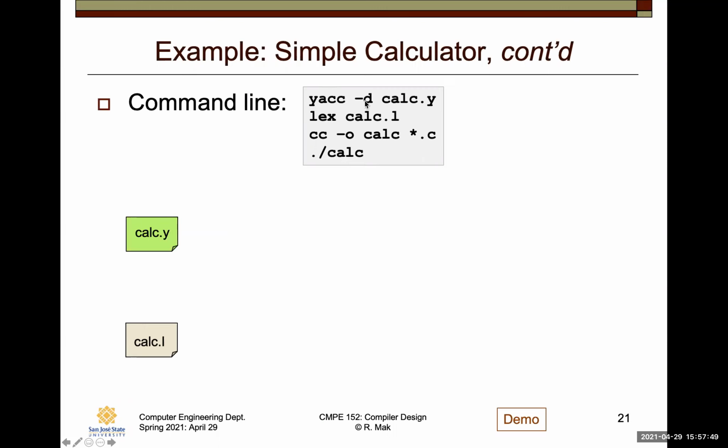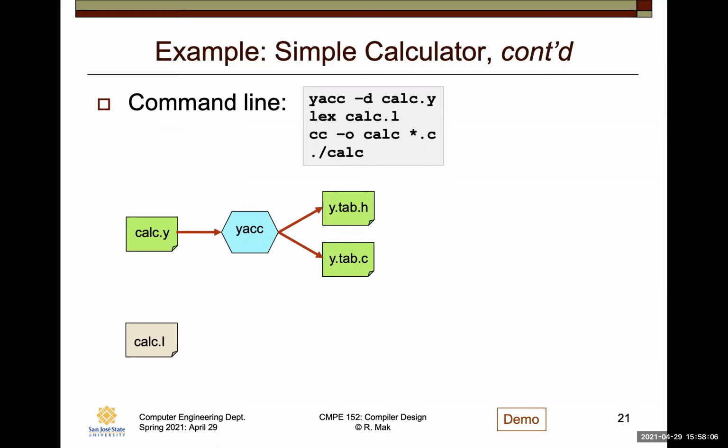I forget what the -d option means, but basically you're calling yacc and passing in calc.y, and then yacc will generate these two files, y.tab.h and y.tab.c. Tab, as you might guess, stands for table. Remember, it's a table-driven parser.